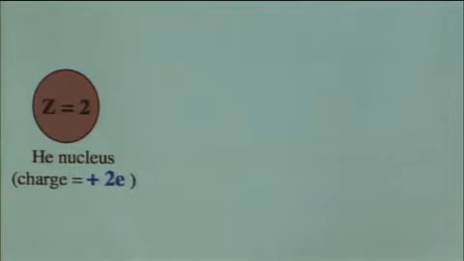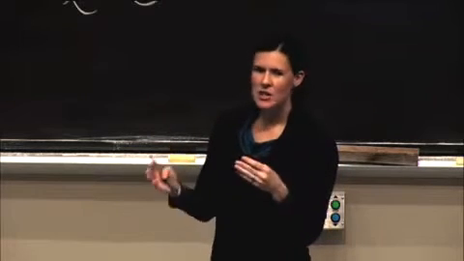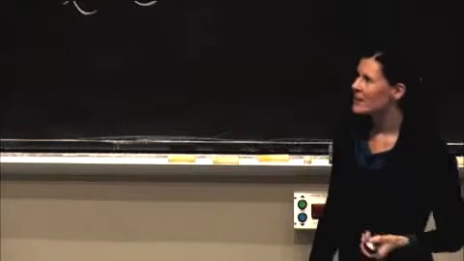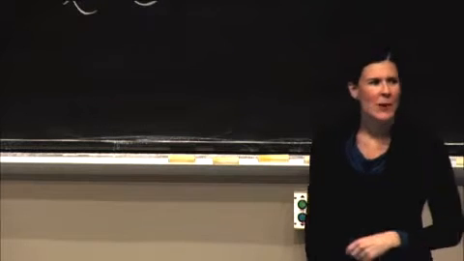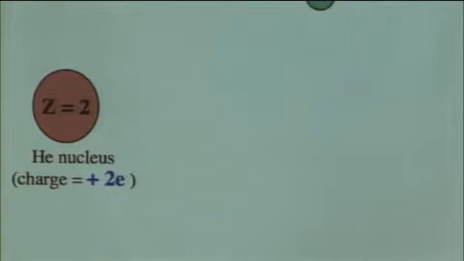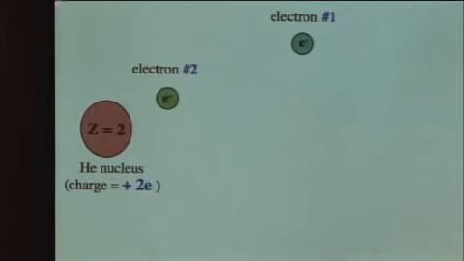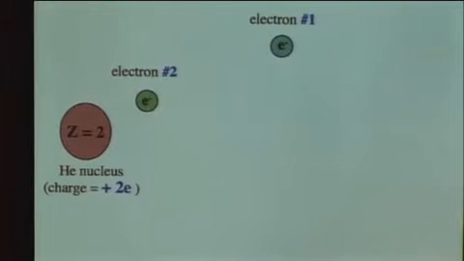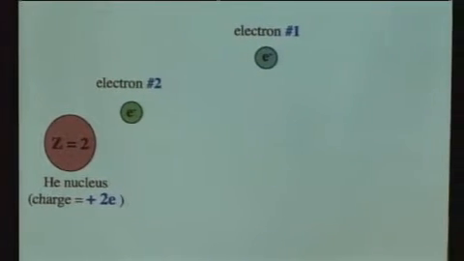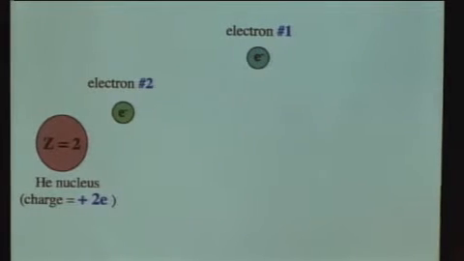So let's think of what we could have if we have two electrons in a helium atom that are shielded in two extreme ways. In the first extreme way, let's consider that our first electron, electron 1, is at some distance very far away from the nucleus, and our second electron is much, much closer to the nucleus. Let's think of shielding in the classical sense, where we're actually blocking some of that positive charge.